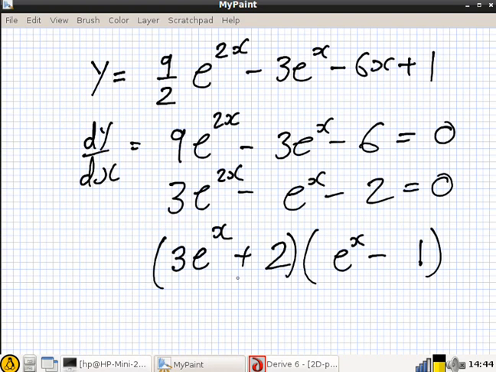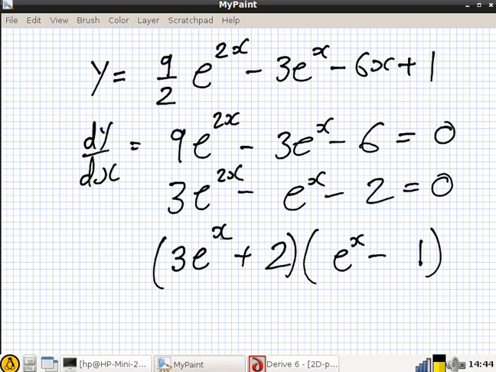Sorry, 0. How do we get the answer? I factorized. I'm not finished yet. I'm just up to here. How do we factorize it? We had a whole hour factorizing.